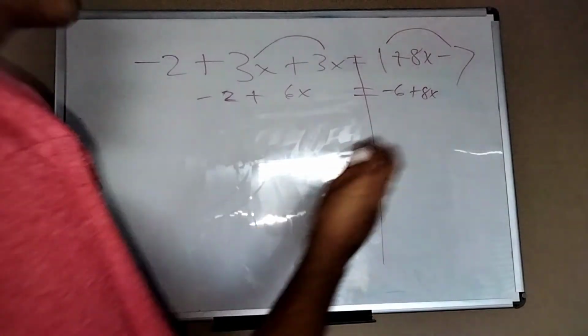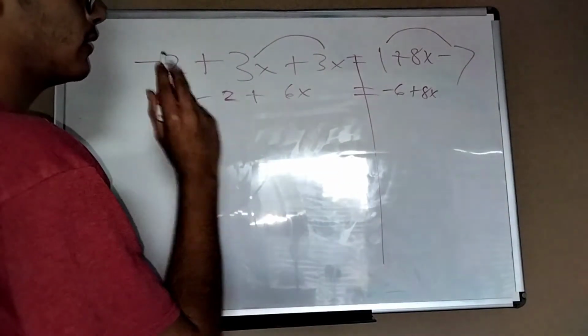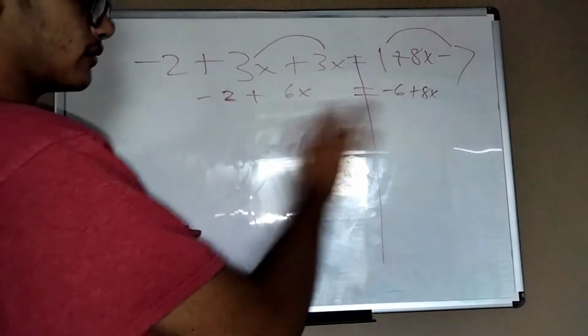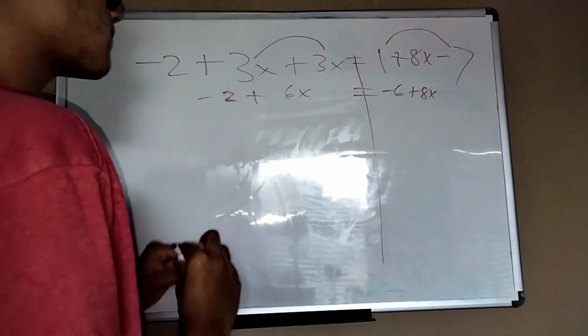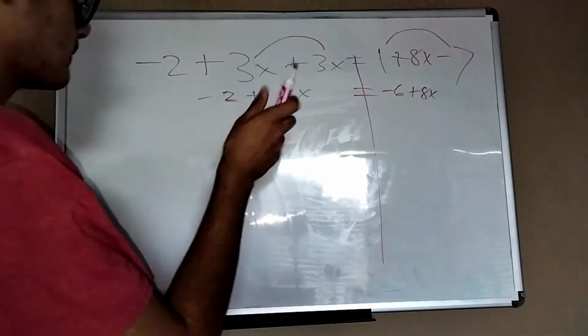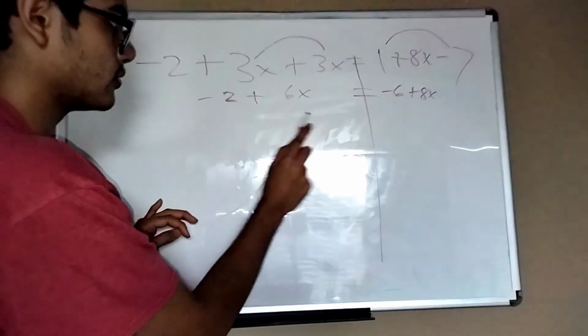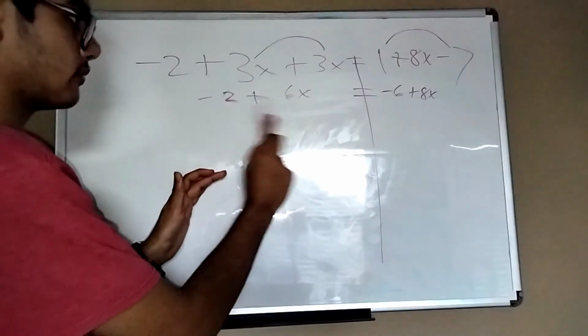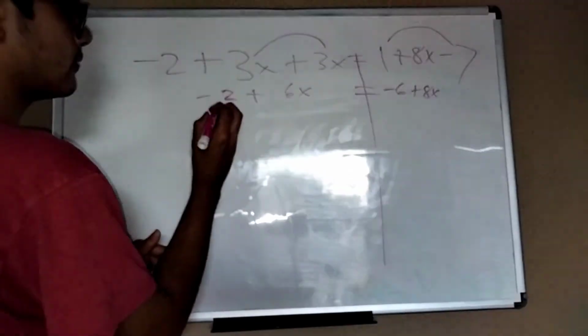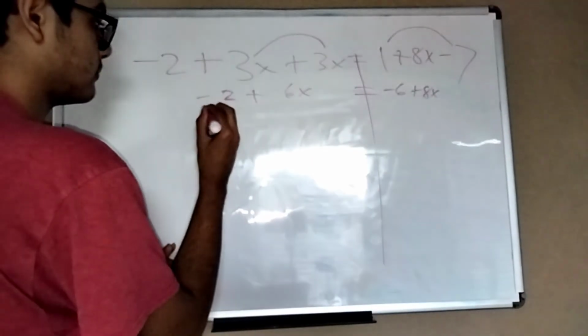Alright, so now what you want to do is find the like terms. If they're not on the same side, then you can't add those. So right here, these aren't like terms. These don't match, and these don't match either. So what you have to do is add 2.